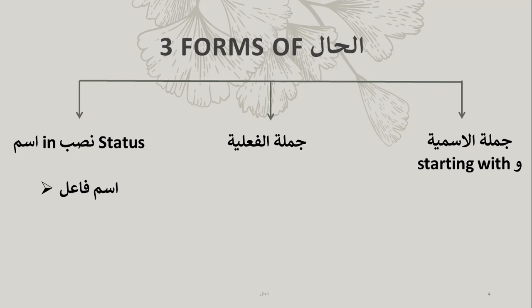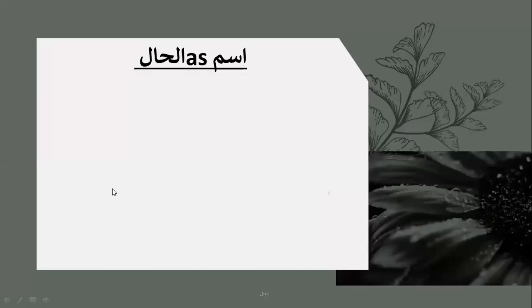So when hal is in the form of ism, it is either ism fa'il, ism maf'ul, ism sifa, or it can be a masdar. So these are the four ways in which a hal can come in a sentence. Let's look at them one by one. So when al-hal is as ism, ism is always mansoob.